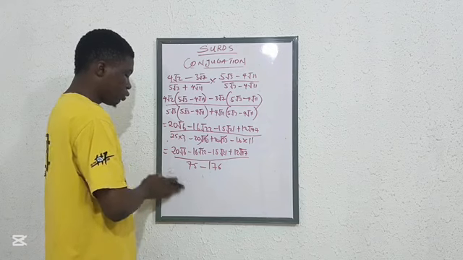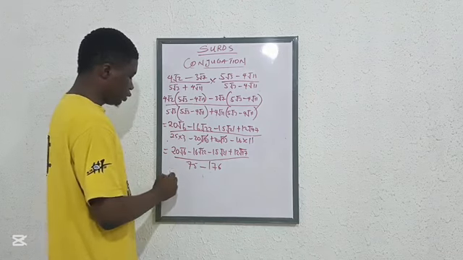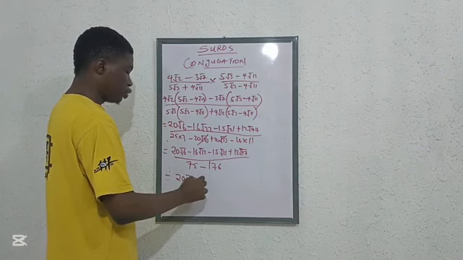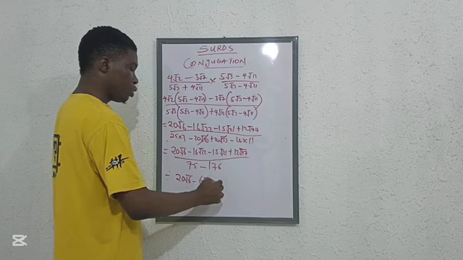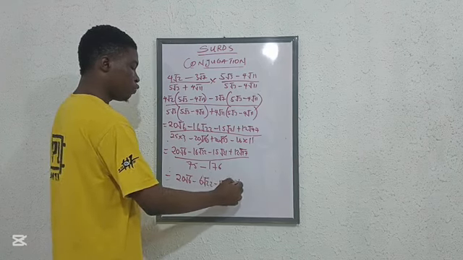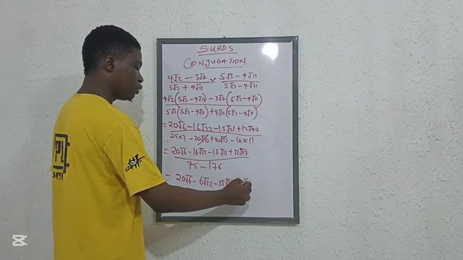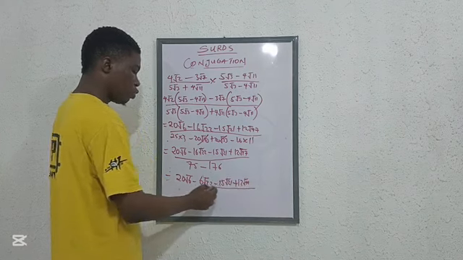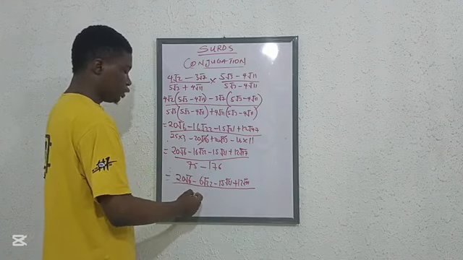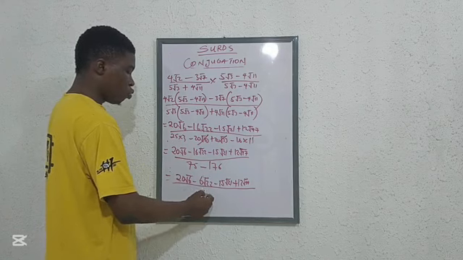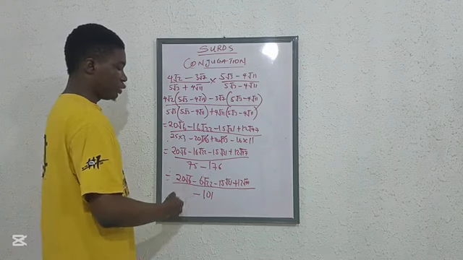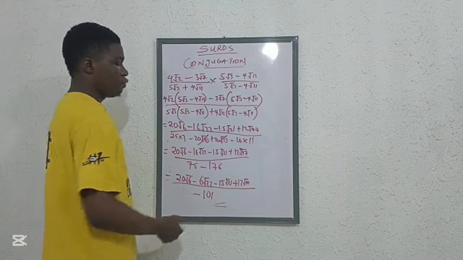So our final answer, the numerator will still remain the same: 20 root 6 minus 16 root 22 minus 15 root 21 plus 12 root 77 over, we have 75 minus 176, right? So if you check it, it will be minus 101. Do you get it now? So that is our final answer.